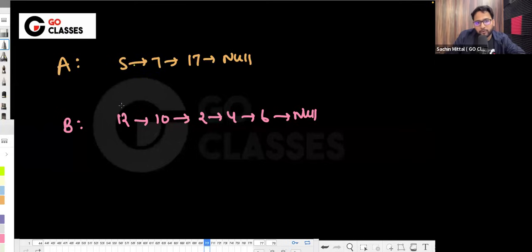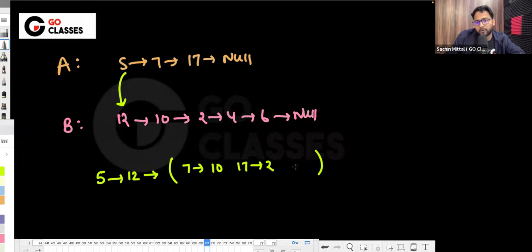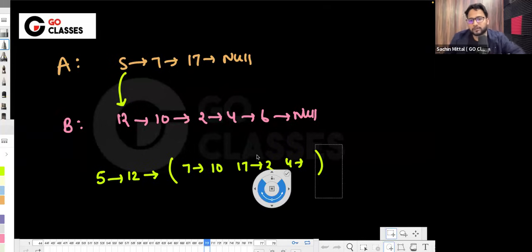Now 5 will point to 12, similarly 7 will point to 10. Okay, so it happens like this. 5 is now pointing to 12, and what 12 is pointing to, currently you don't know. Basically it's a recursive call, so it will point to whatever the recursion will return. Inside this, 7 will point to 10, and then 17 will point to 2, and then 4 will point to 6, and then 6 will point to null. Okay, something like this.